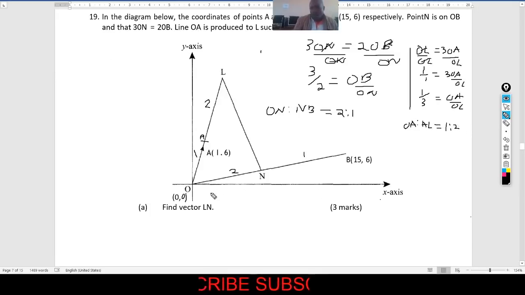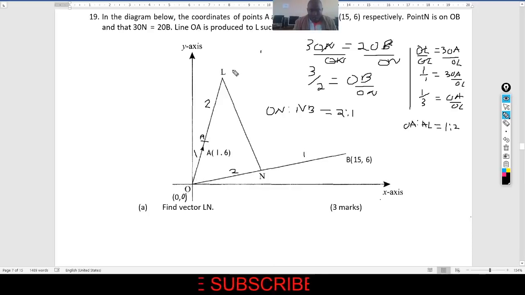Then when you interpret it that way, now you are good to go, because I'm asking about LN. To get LN, I need the coordinate of L and the coordinate of N. Now, to get the coordinate of L, I use what I'm given here, the ratio. Even if I use them the way they are here, OL equals 3OA.